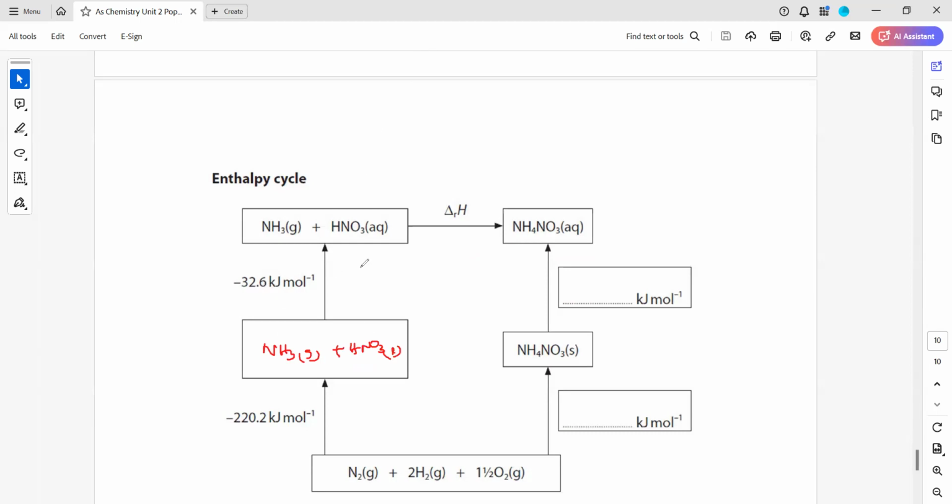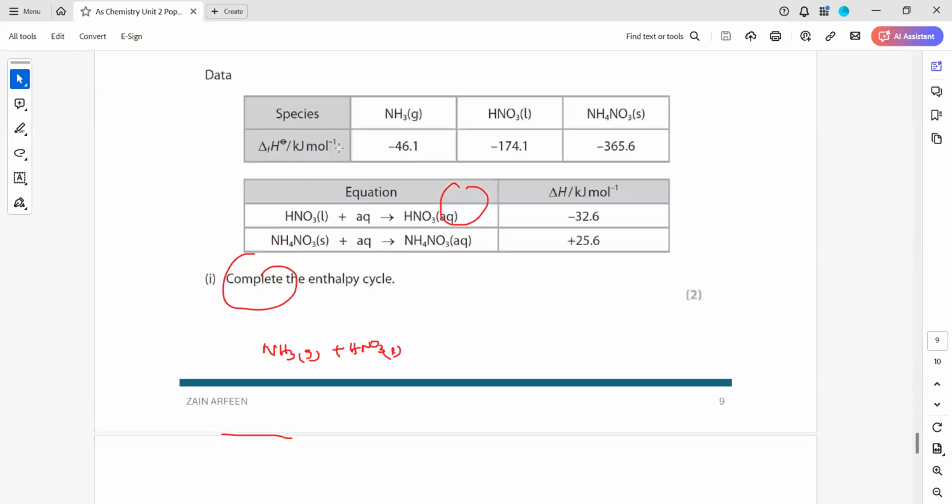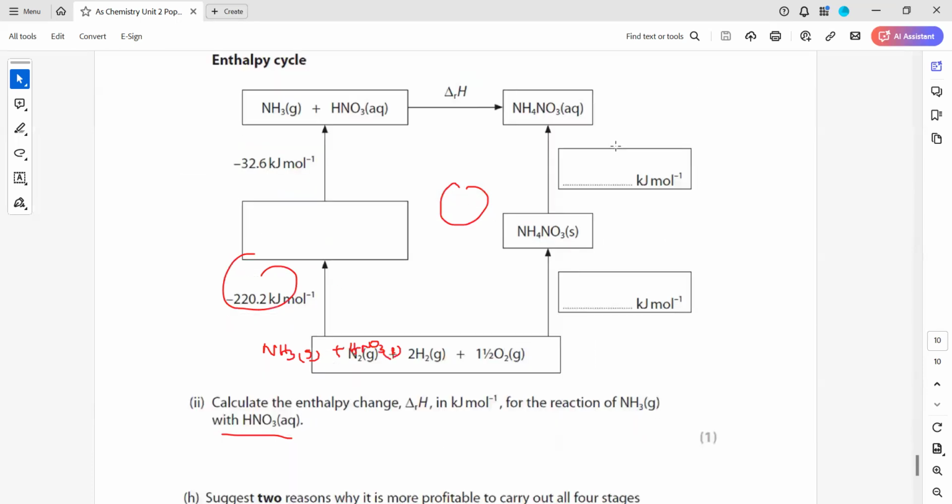Because if you see, nitric acid is the first one, 200, and there's a formation of ammonia and nitric acid, then nitric acid dissolves, then this is what we need here. This is the formation of ammonium nitrate. How much is the ammonium nitrate formation? Ammonium nitrate formation is -365.6.